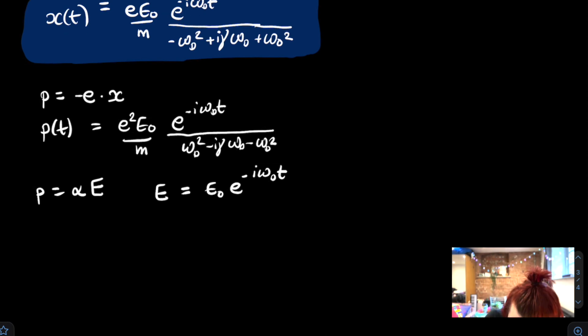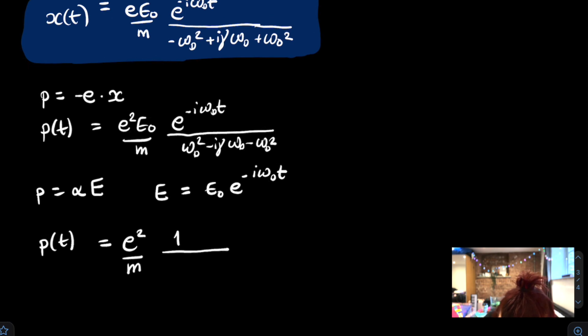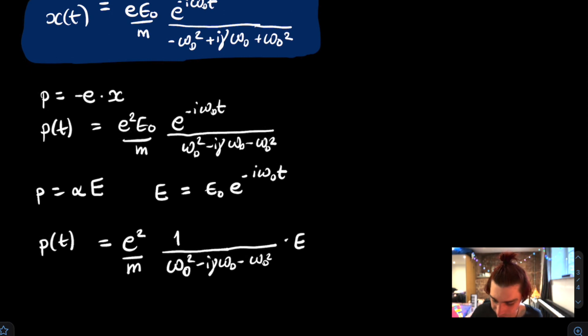So we can actually write this as the dipole moment induced is equal to e squared divided by m times this factor right here, 1 over omega naught squared minus i gamma omega d minus omega d squared, multiplied by the electric field.